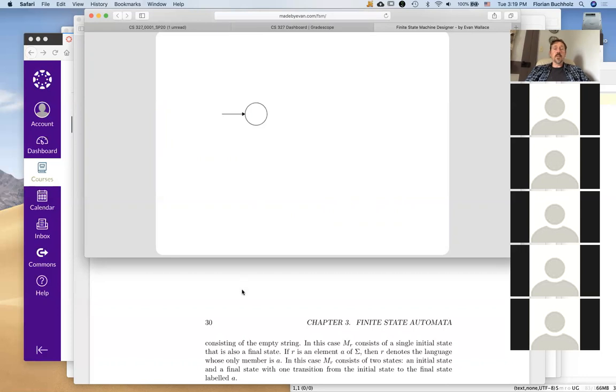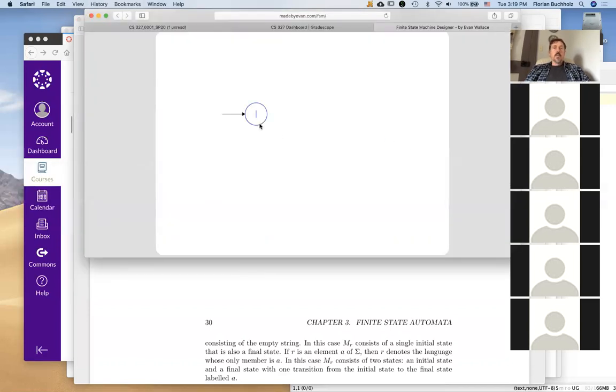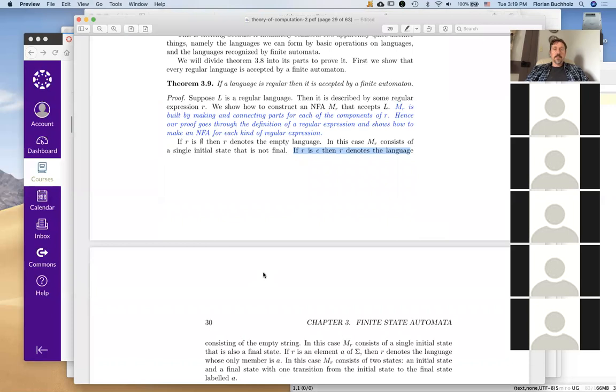It's not accepting, so it doesn't accept anything. That's the simplest automaton we can have here: a single initial state that is not final. So if R is epsilon, then we just have this. Now it's an accepting automaton, so we accept the empty string, so to speak. That's our next small building block.